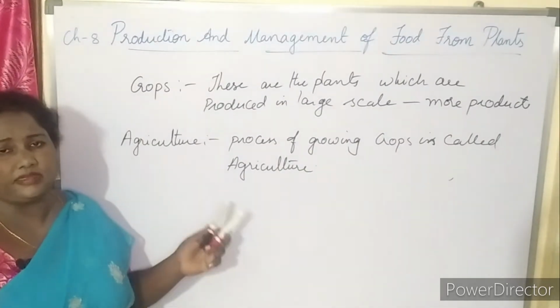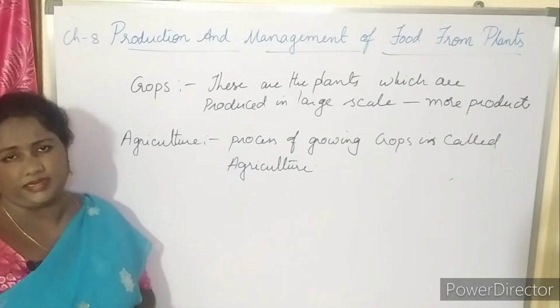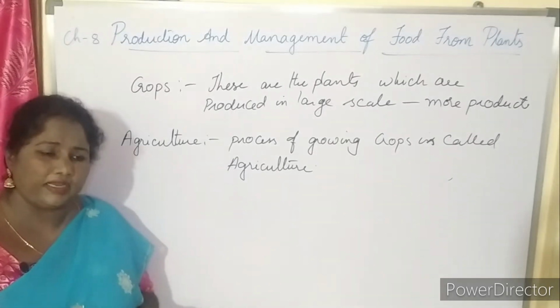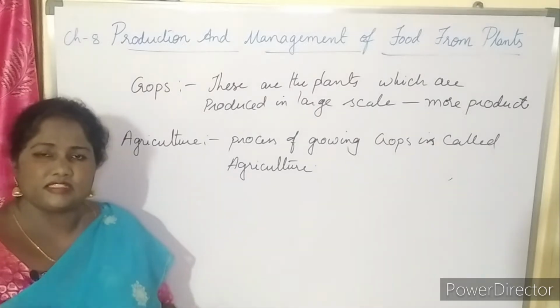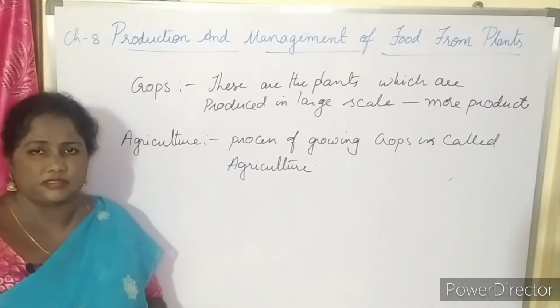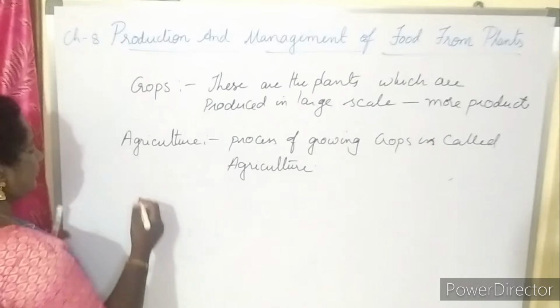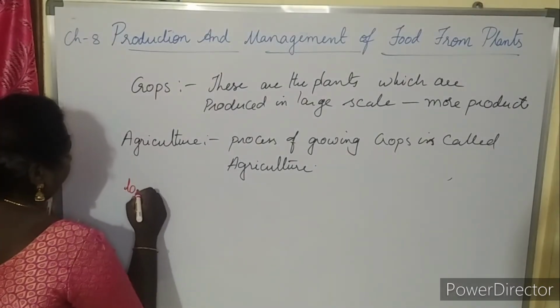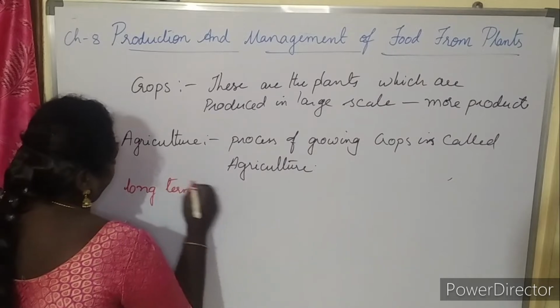Agriculture basically depends upon the duration of time. Some crops are grown in fewer days, or a few months, and some crops are grown over more days, which means it takes more months. So based on the duration of the time period, we can term them long term crops.